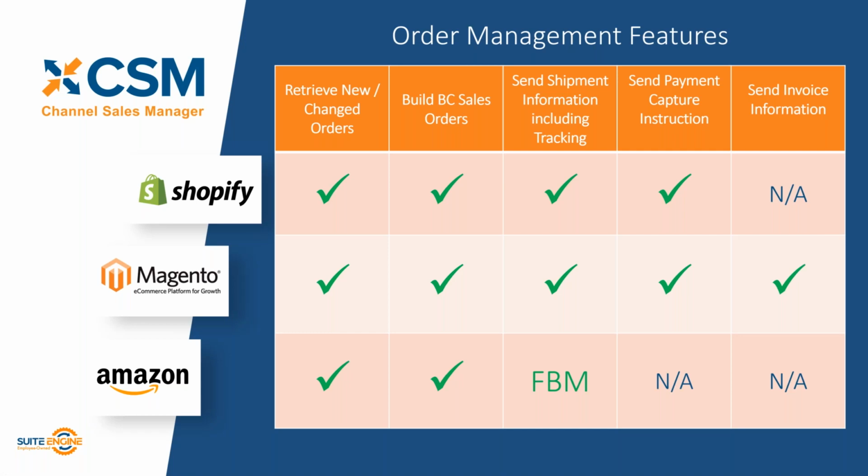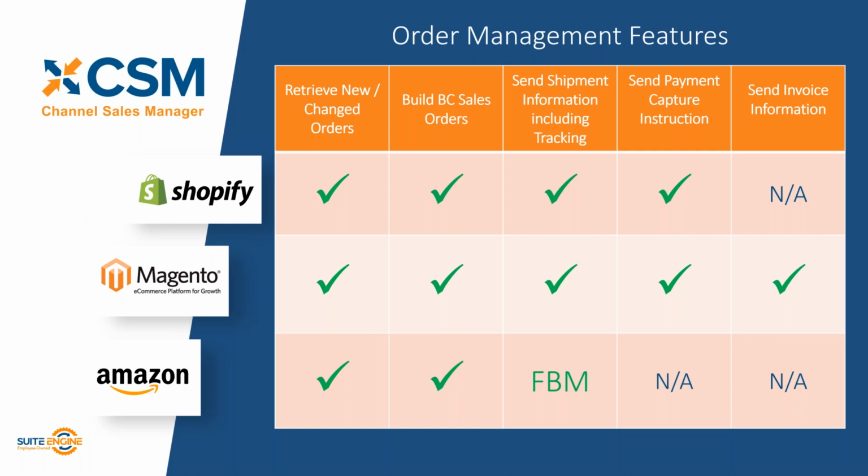We can also look at the payment capture side. When a customer pays for their order with a credit card, it can be set up in a number of different ways, both on Magento and Shopify, where you can specify that when they order it, there's an authorization, and then when you ship it, there's the payment capture or settlement.